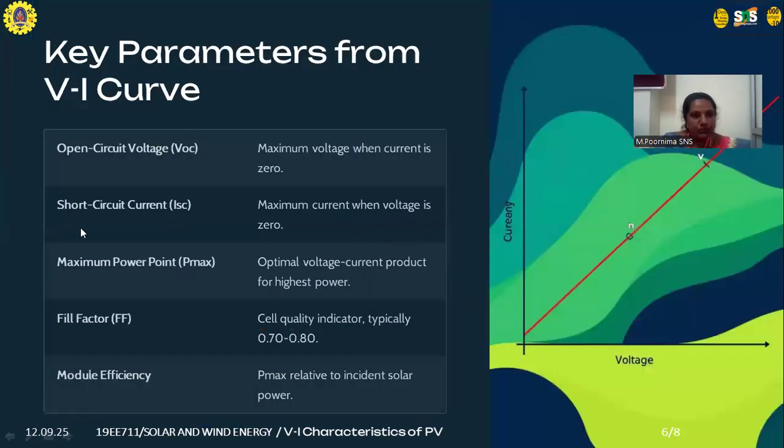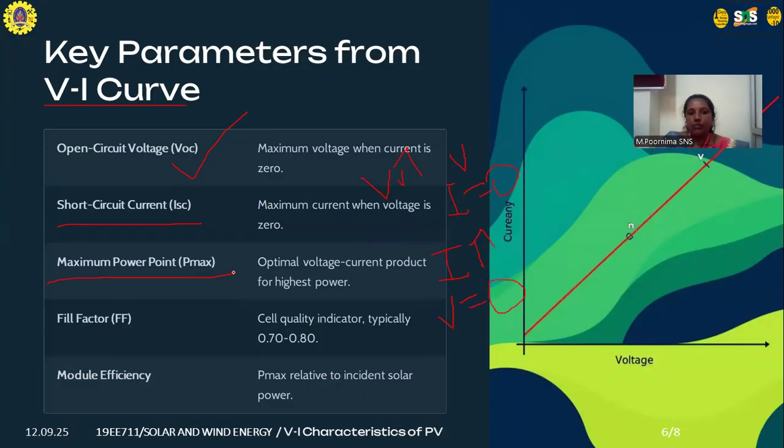Now coming to the key performance parameters of a VI curve. Here is the open circuit voltage: when the voltage is maximum, the current is 0. Then the short circuit current: when the current is maximum, the voltage is 0.